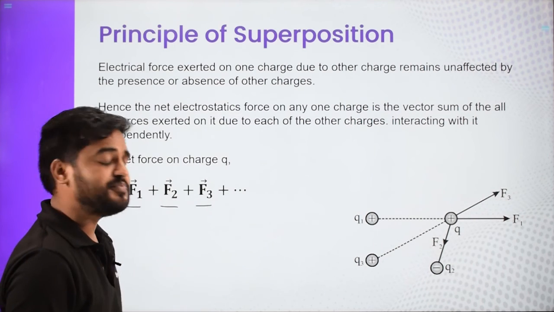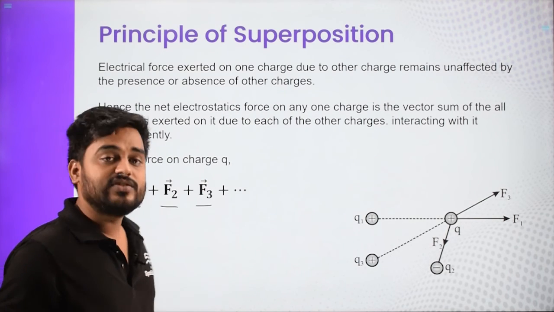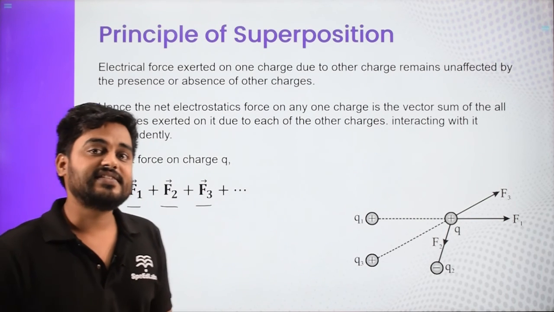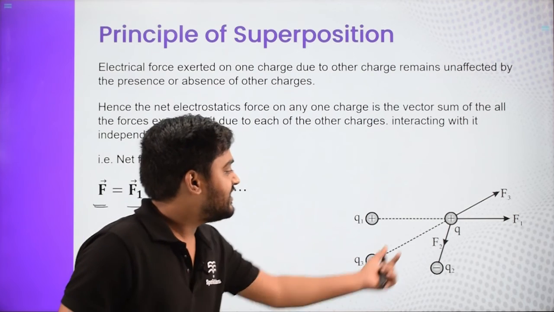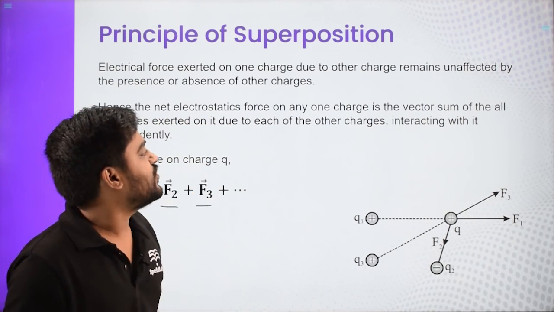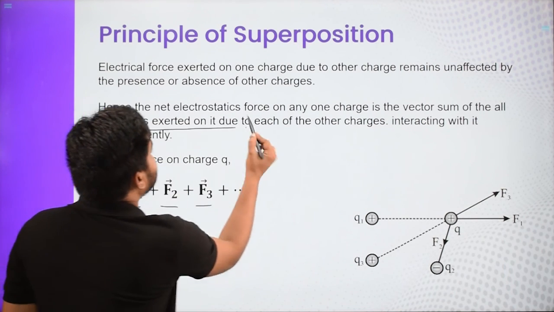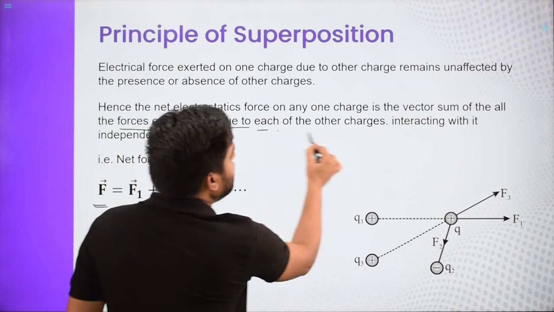If there are more charges present, get the force exerted due to each individual charge and just do the vector addition. That gives us the net force on this charge. So we can say the net electrostatic force on any one charge is the vector sum of all the forces exerted on it due to each of the other charges.